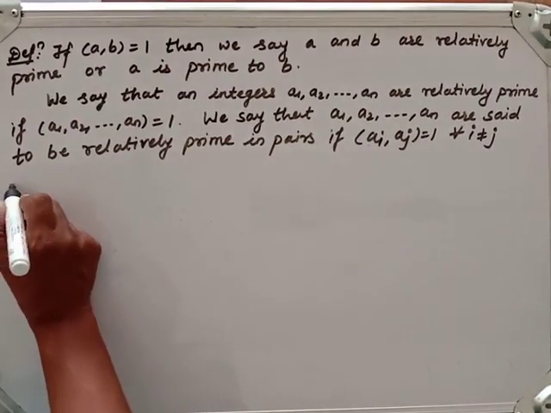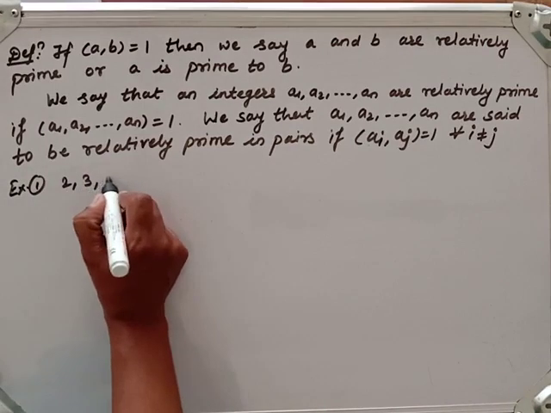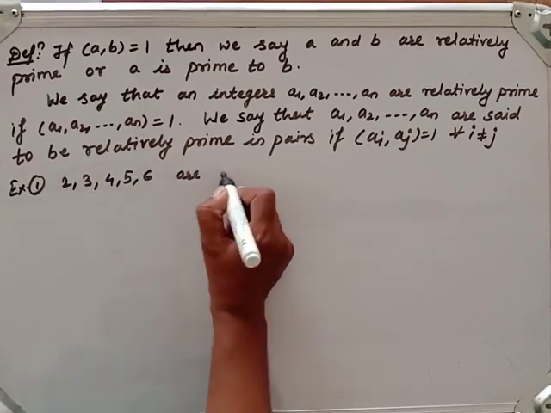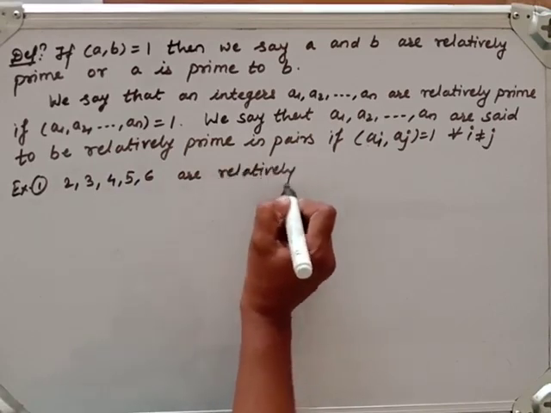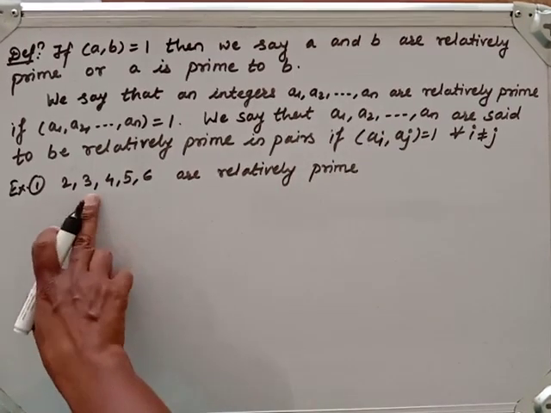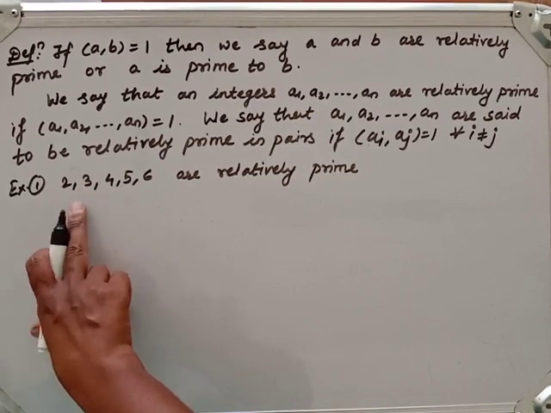Now let me take an example. Suppose the first example has the numbers 2, 3, 4, 5, 6. These integers are relatively prime. Why? If I take the GCD of 2 and 3, these are prime numbers, so their GCD is 1.